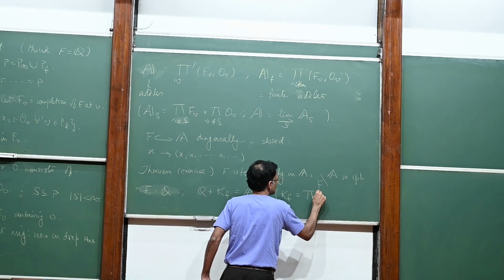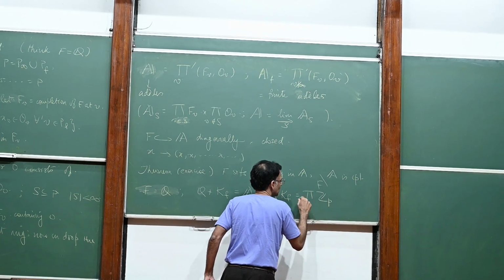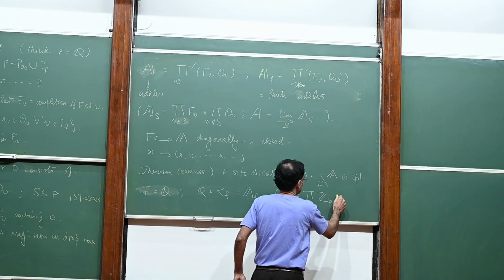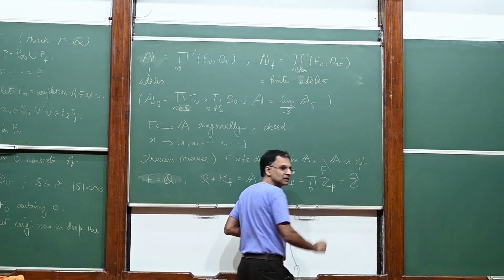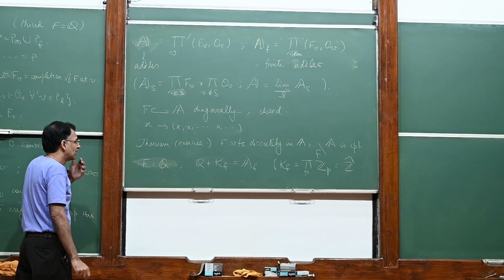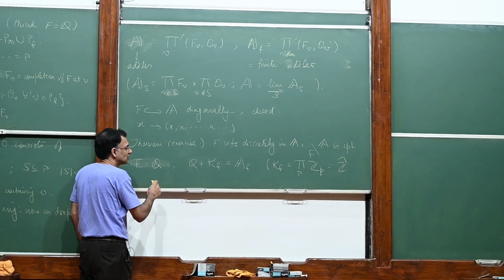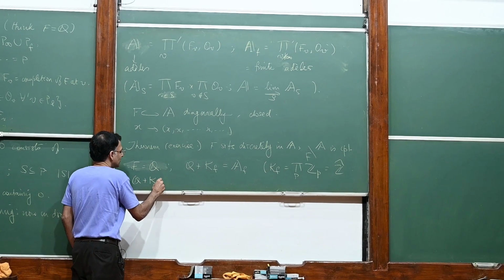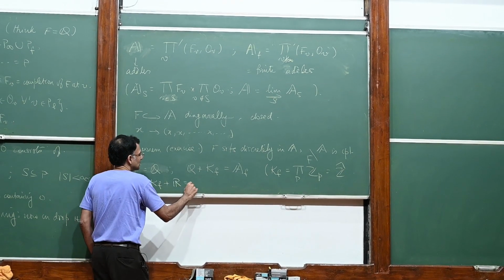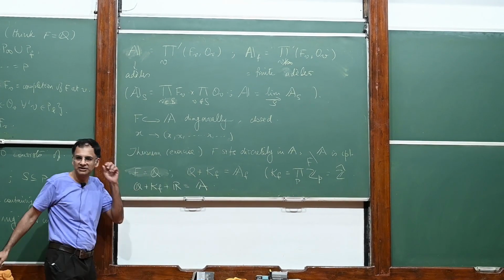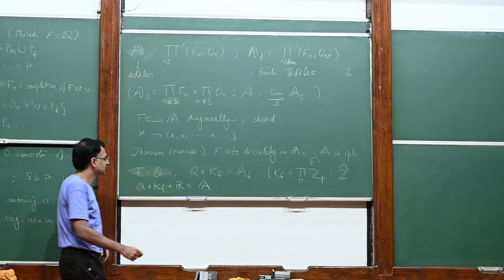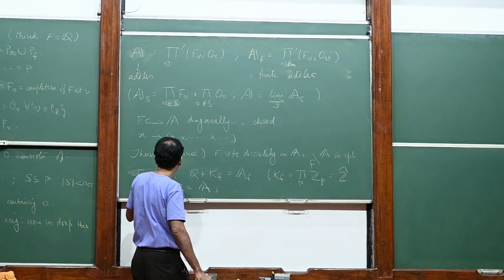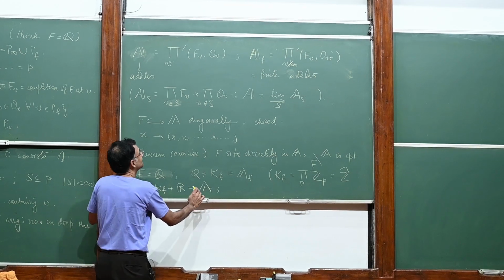It's a product of Z_p over all primes, which you can also think of as Z hat, right? And therefore also Q plus KF plus R is nothing but the adeles.